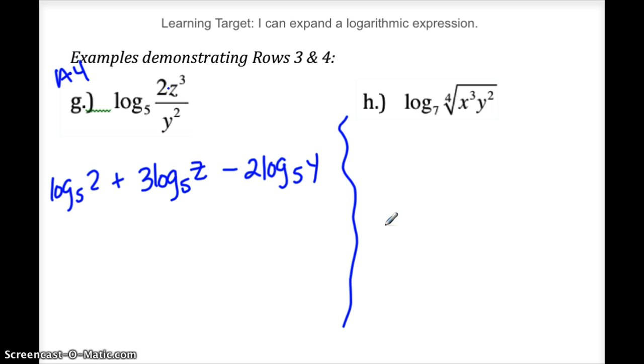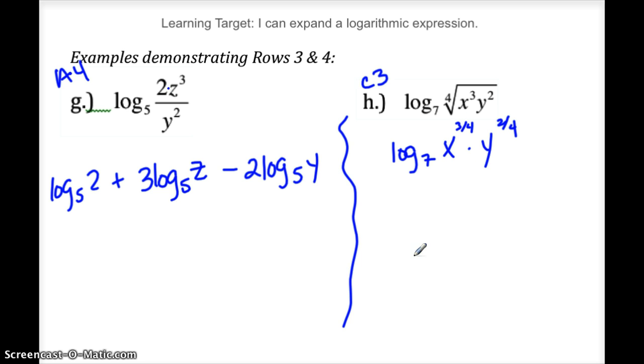And then my last one here matches up with Charlie 3 in the notes, C3. So first thing first, get rid of that root house by making them fraction exponents. 3/4 for x and 2/4, which I'll reduce in a second. Whoops, I said fourths, but I wrote a 5. Way to go. There we go.